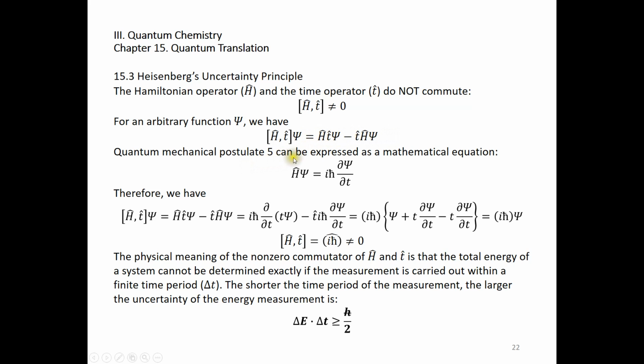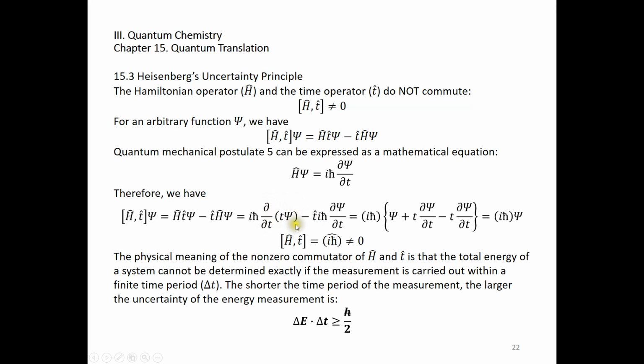Postulate 5 can be expressed as a mathematical equation: H psi equals i h bar partial psi over partial t. So really this H, this Hamiltonian, is i h bar partial over partial t. And therefore we have this expression converted to this expression. I replaced H with i h bar partial over partial t. And then this t operator is just multiplied by t.